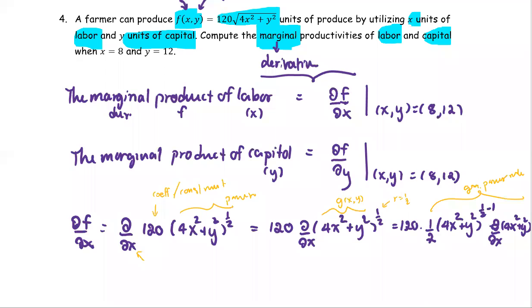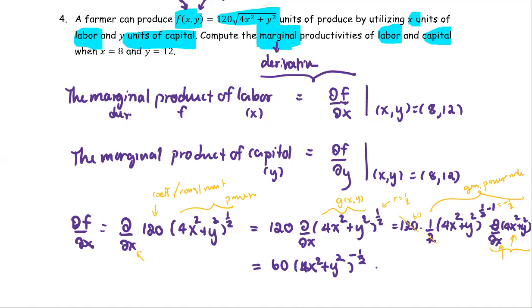The new power becomes negative 1/2, and I'm going to clean up. Also 120 and 2 reduce to 60. I take this number first, so it can be 60 times the quantity 4x squared plus y squared to the power negative 1/2, and then multiply by the derivative of this portion with respect to x.